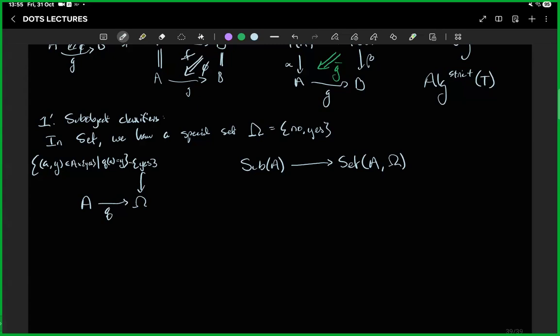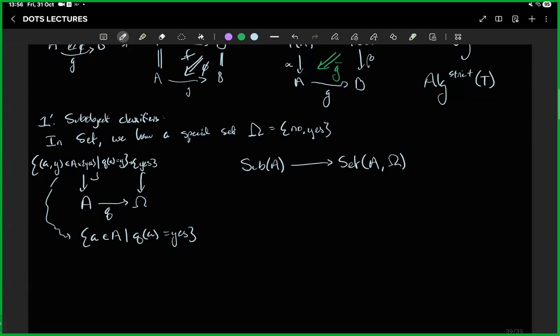That's the usual definition of the actual pullback. It's a subset of the product satisfying the equation that the two things equal. But of course, this is bijective in a sort of obvious way to the set of all a in A such that Q of a equals yes, because there's only one y in the set containing yes, it's yes.